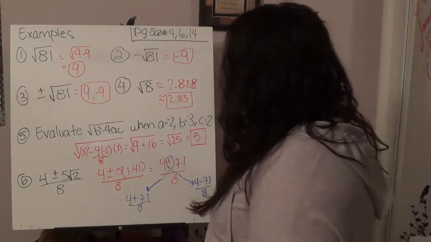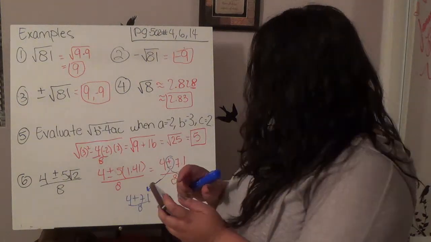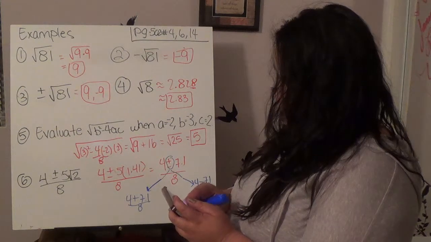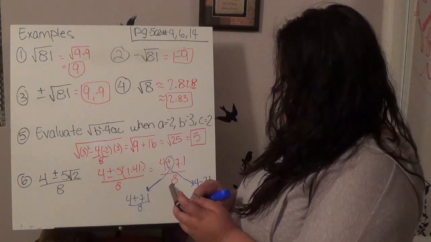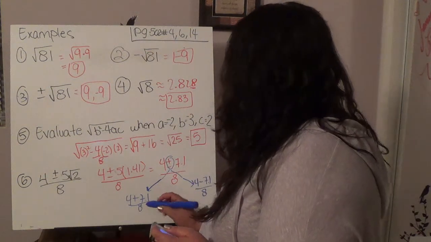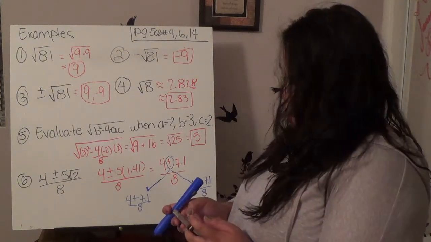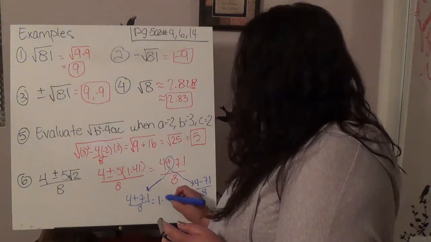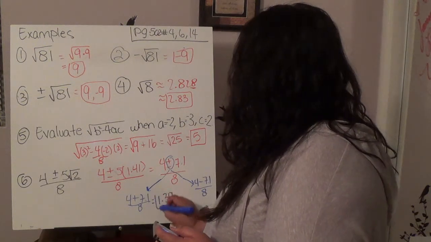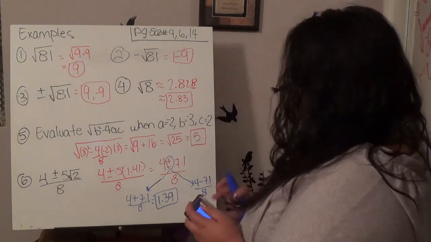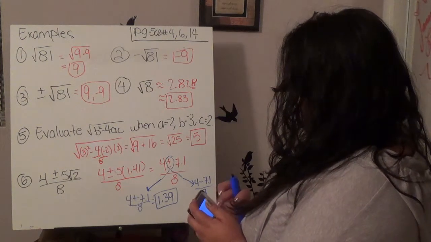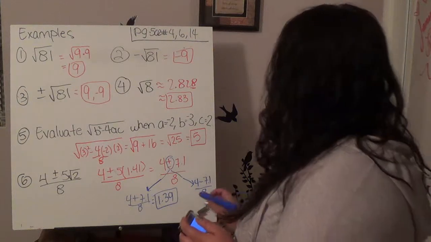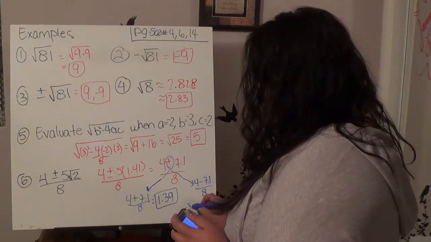So, 4 plus 7.1 is 11.1 divided by 8, which gives me 1.39. That's my first answer. And then 4 minus 7.1 would give me a negative, divided by 8, which would be negative 0.39.